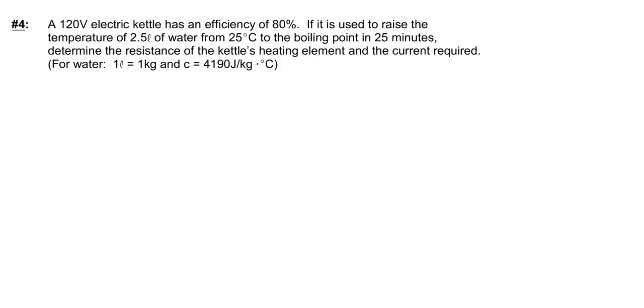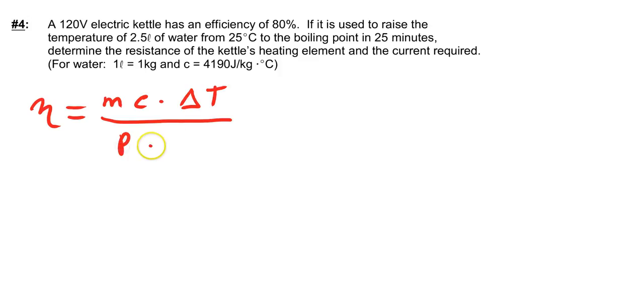Okay, so in the notes you are presented with this formula which says the efficiency of the heating process is equal to mc times the change in temperature divided by the electrical power times the time, all multiplied by 100%. Now, we wish to change the position in this formula of the efficiency and the power.